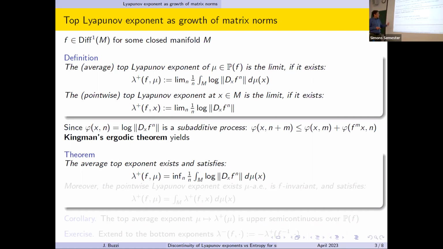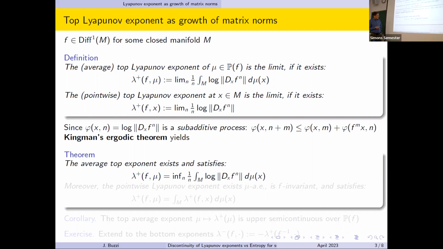Now how do I understand these things? The fundamental remark is that the function which to x and n associates the logarithm of the norm of this linear operator is a subadditive process, which means exactly that you have this inequality. In fact, it's also bounded. And so we can apply Kingman's ergodic theorem, which tells us exactly that this average top Lyapunov exponent does exist.